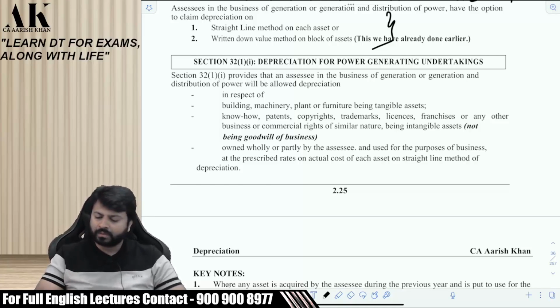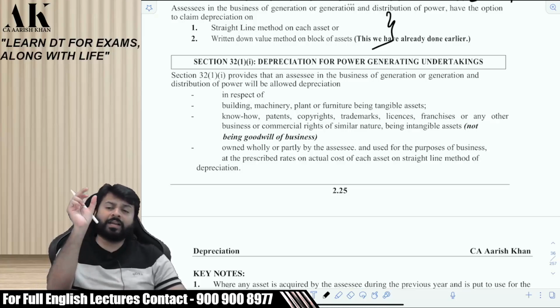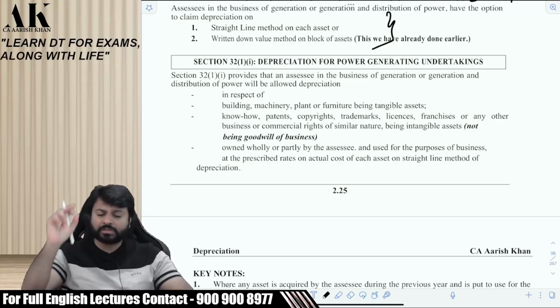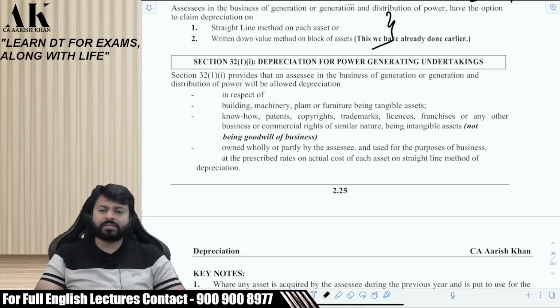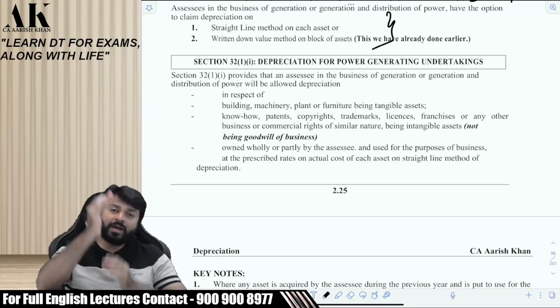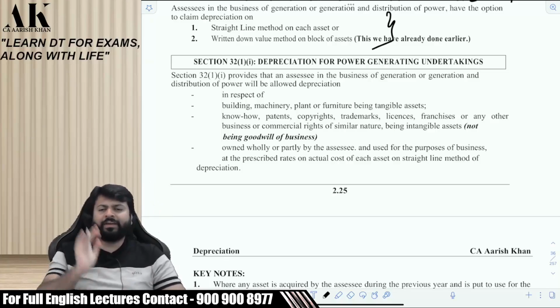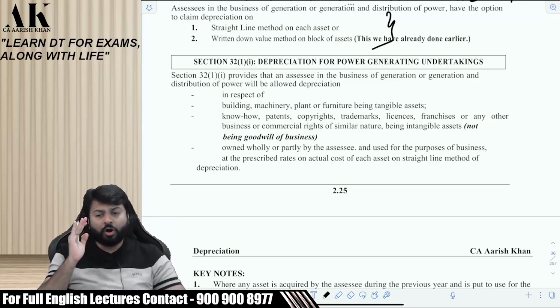We'll read this also. 35.11 provides that an assessee in the business of generation or generation and distribution of power will be allowed depreciation in respect of building, machinery, plant, furniture being tangible asset, know-how, patent, etc. being intangible asset, not being goodwill, owned wholly or partly by the assessee and used for the purpose of business at prescribed rate, and from here the things will change. Till here everything was same. From here the things will change.